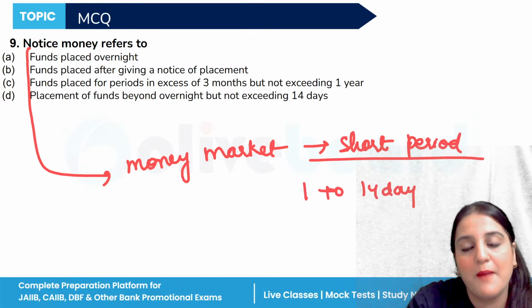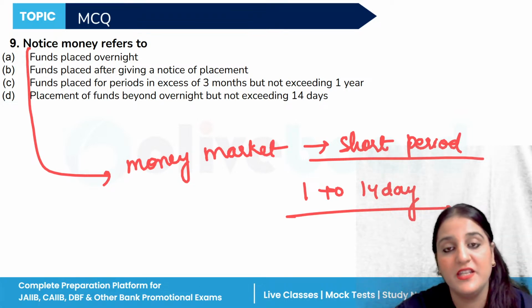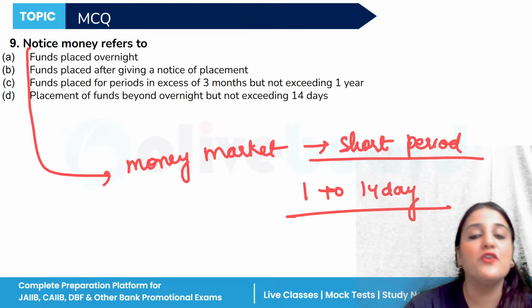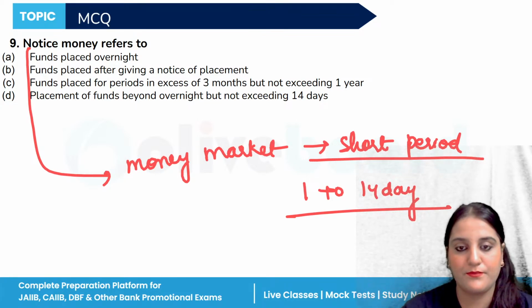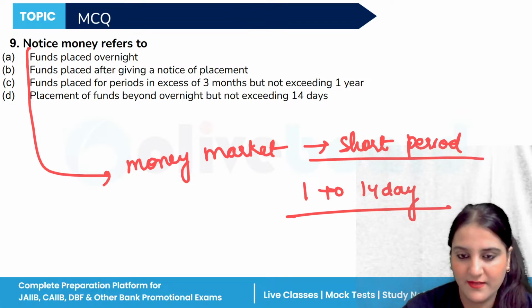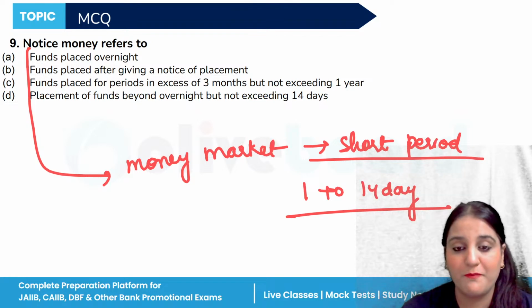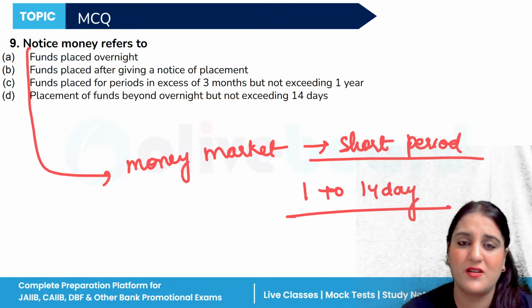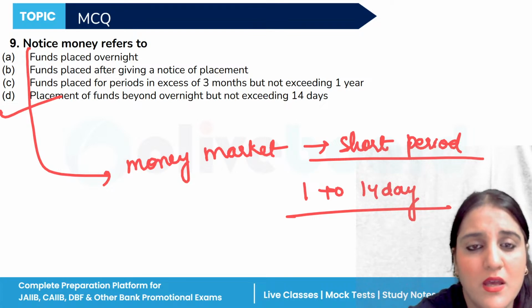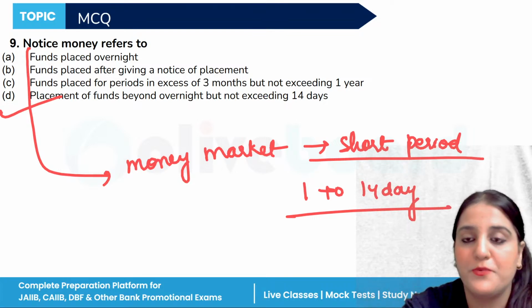It means for the bank to manage their short-term liquidity needs, which allows them to borrow or lend money for a very short period. And overnight placed fund is not a correct answer here. Fund placed after a notice of placement is not a correct answer here. So the D option is correct according to the definitions, according to the meaning. D option is correct here.